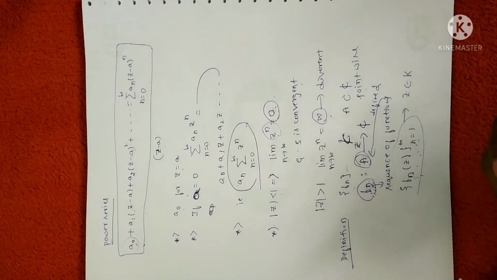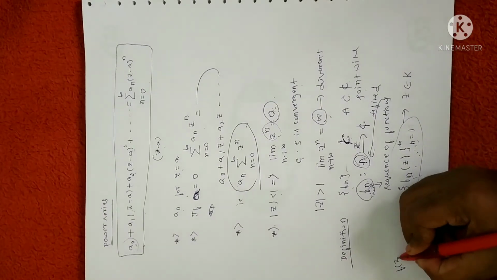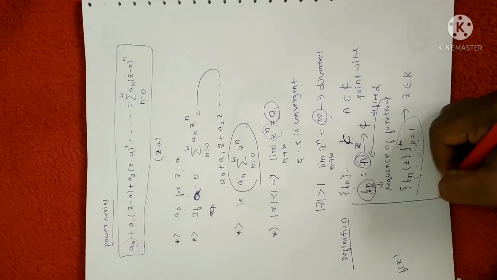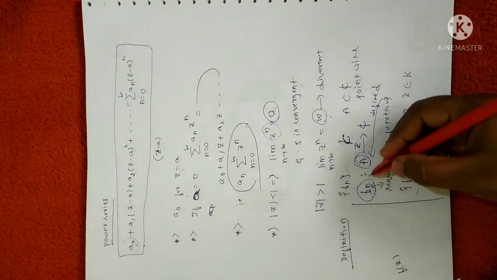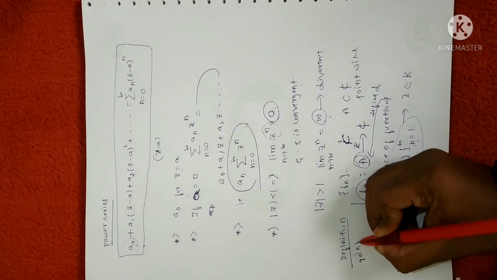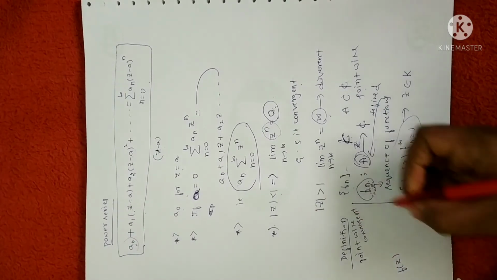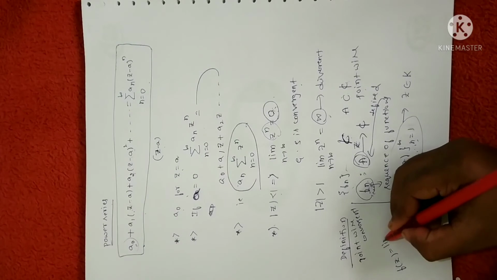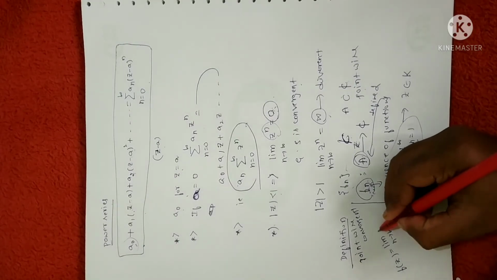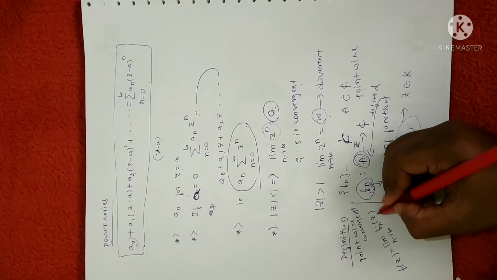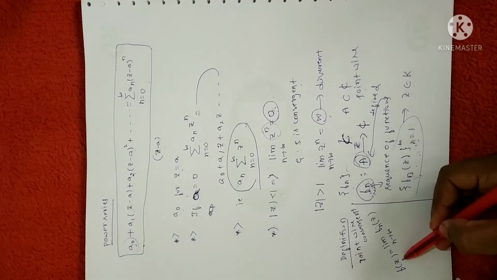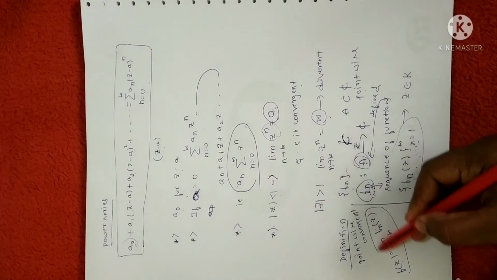Fine. Or else, while solving theorems or a particular concept, we can also state the pointwise convergence definition as: if f of z is the limit, then we can write f of z as the limit as n tends to infinity of Fn of z. That is, if this value is equal to f of z, then we can say Fn is converging pointwise to f.